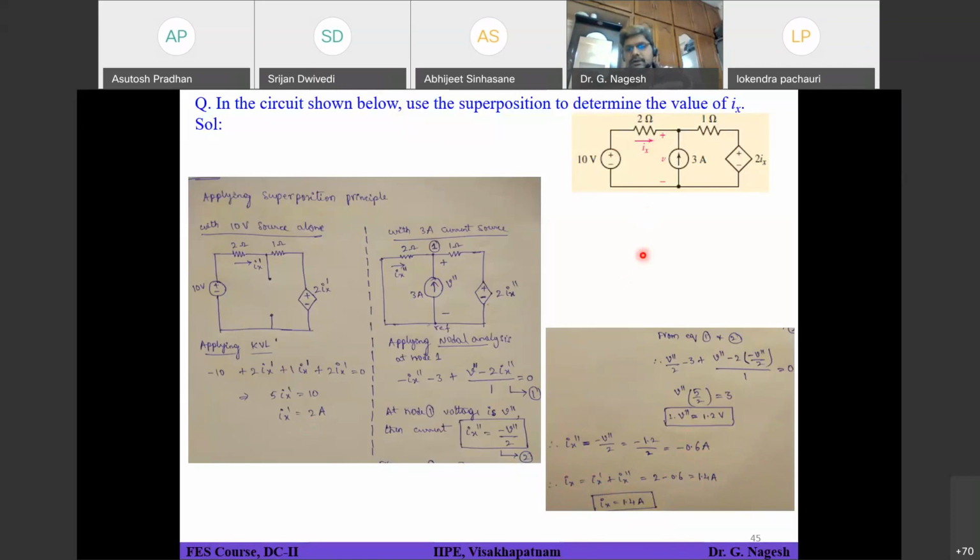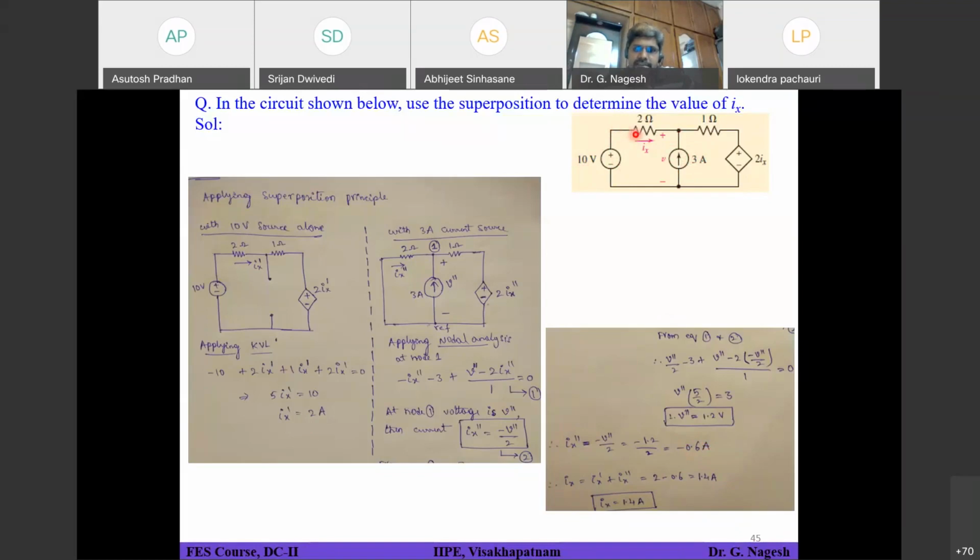Out of this, if you think more about it, 2 amperes is the contribution of current by the 10 volt source in the direction of Ix. And the current contribution by the 3 amperes current source is minus 0.6. That means it is trying to pump minus 0.6 in this direction.